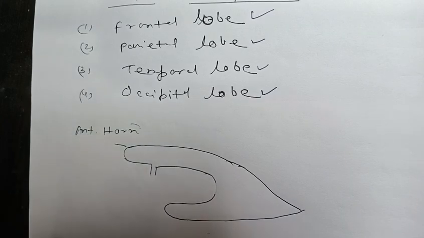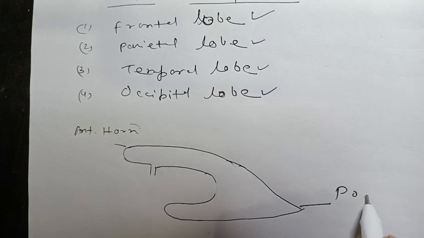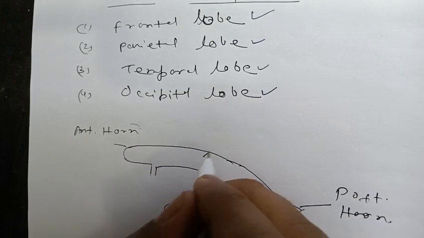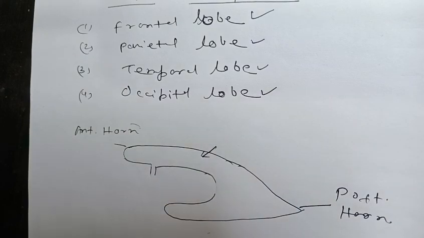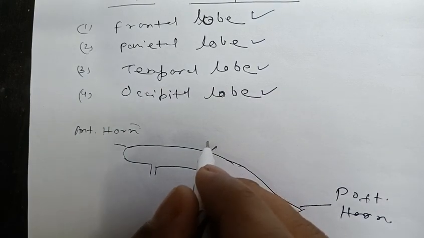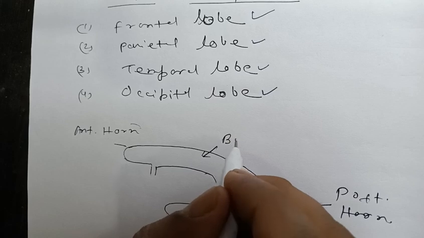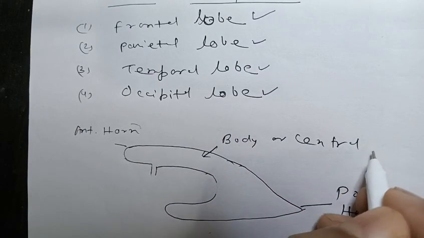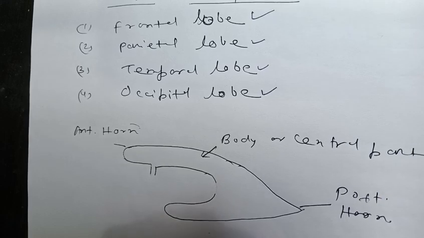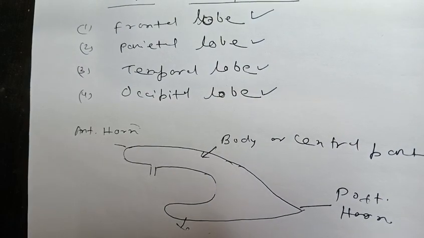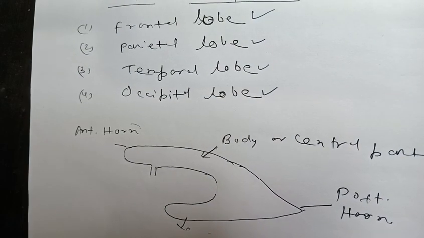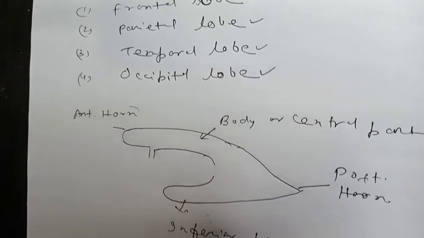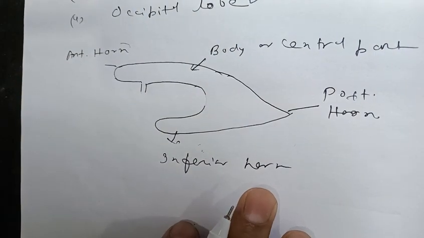Second is the posterior horn. Third is the body or central part of the lateral ventricle. And fourth is the inferior horn of the lateral ventricle.